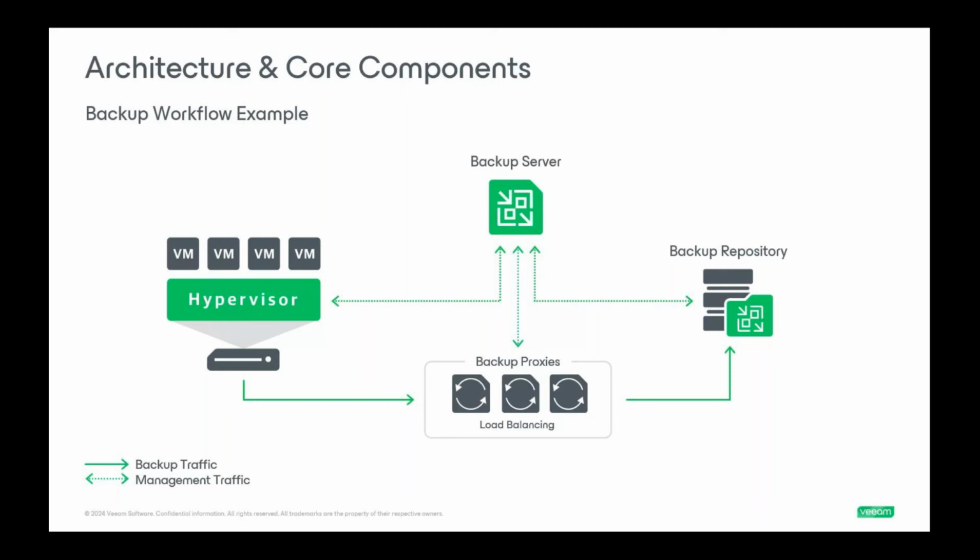Initiate a snapshot in most cases, not always though, and then it would start flowing, as the diagram suggests, through the proxies, which I described their purpose earlier, to the repositories, and then you have your backup file.